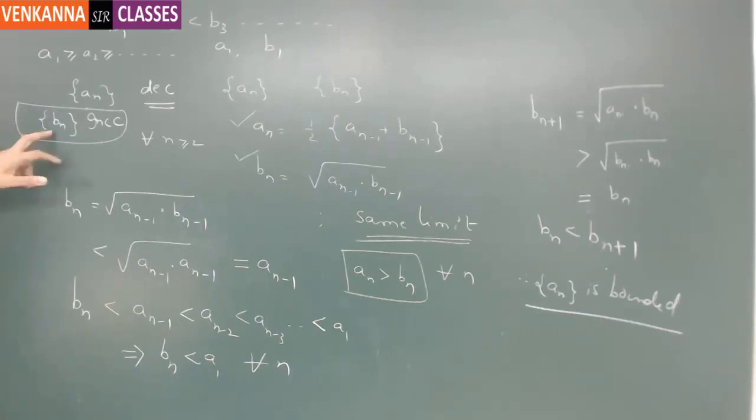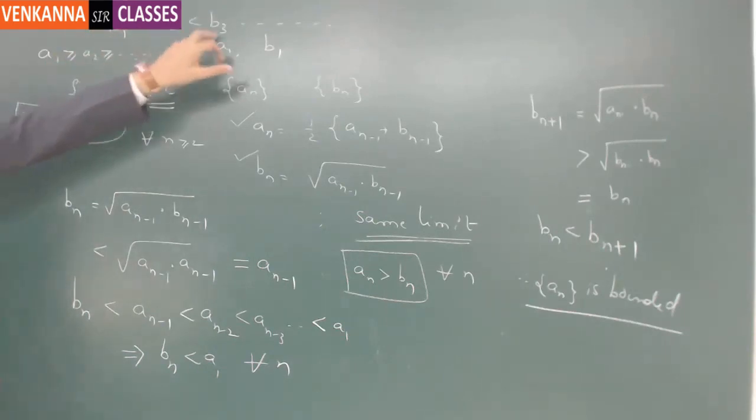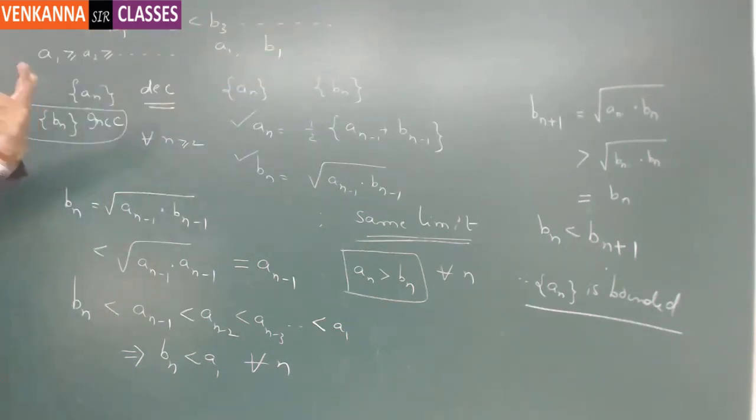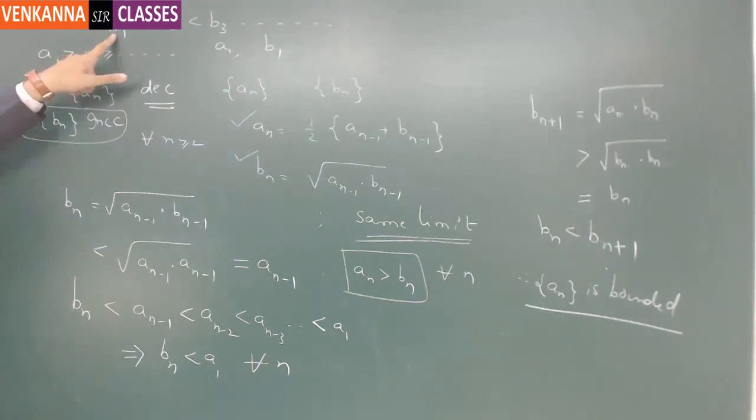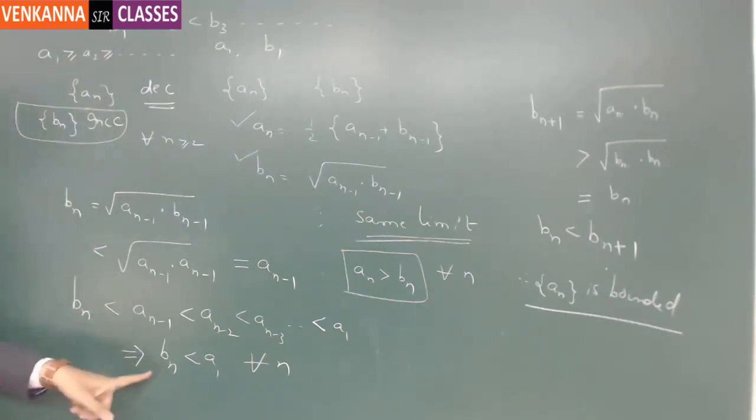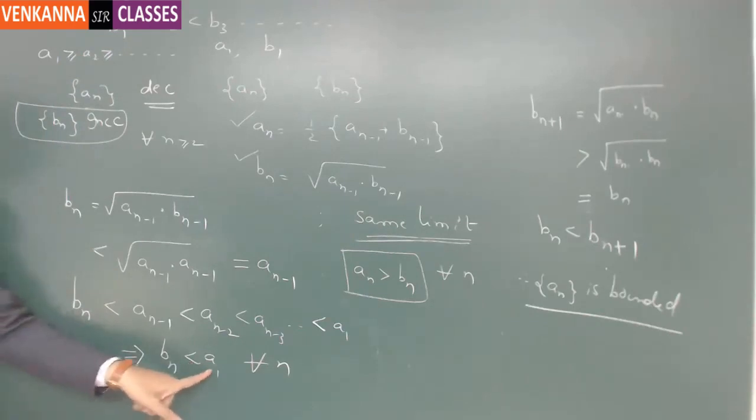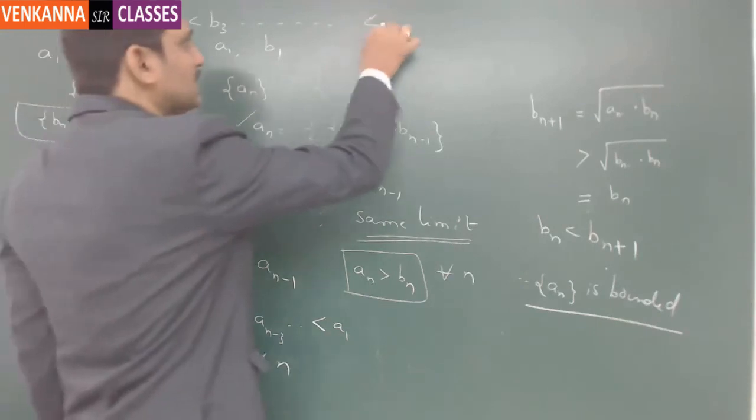Since bn is increasing, we will write the terms of bn like this: b1 less than b2 less than b3 less than, and so on. So obviously the first element is the lower bound. For the upper bound, we have shown that bn is less than a1 for all n. So the upper bound of the sequence is nothing but a1.